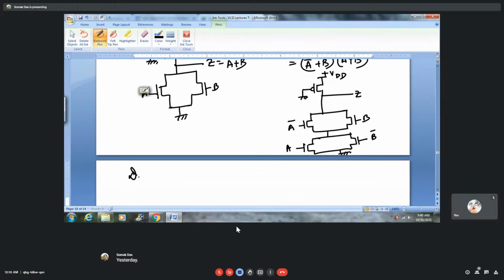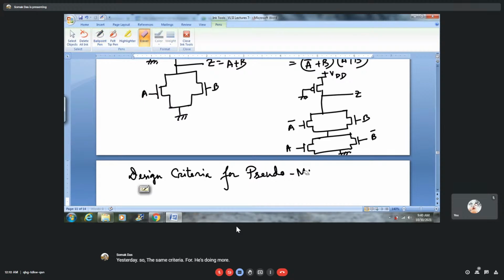So design criteria for pseudo NMOS circuit.